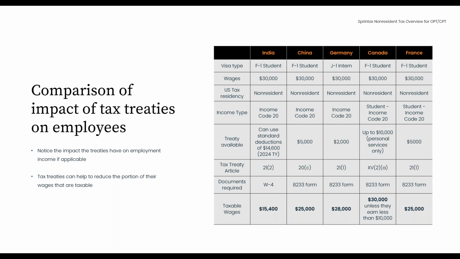Whereas the student from France's taxable wages are $25,000, as their tax treaty exempts $5,000 of their income. So this slide really shows the impact that tax treaties can have and how important it is to prepare your pre-employment tax documents and provide them to your employer in a timely manner. By doing that, this should ensure that you are taxed correctly from the get-go.